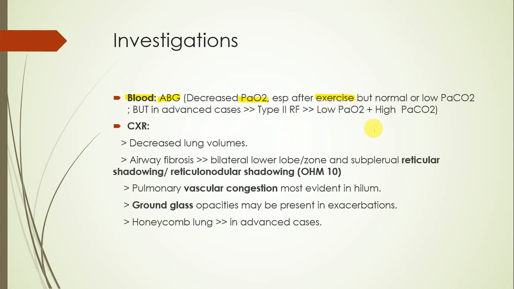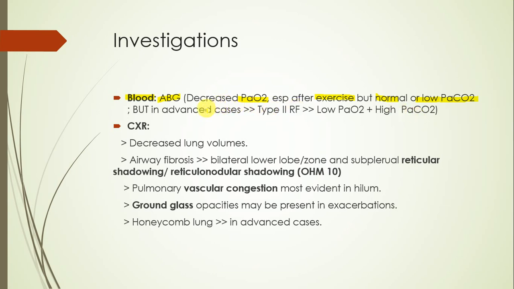In the early stages, the partial pressure of carbon dioxide is normal and may even be low due to hyperventilation, as the patient tries to increase oxygen intake by increasing the respiratory rate. This leads to excessive loss of carbon dioxide, causing a low PaCO2, or low arterial carbon dioxide partial pressure.